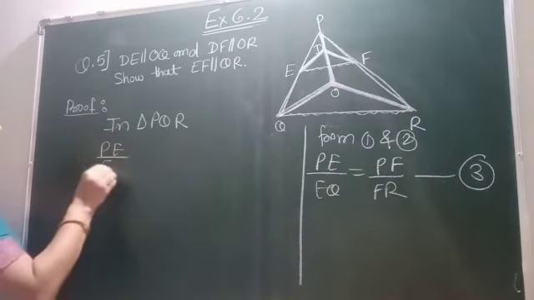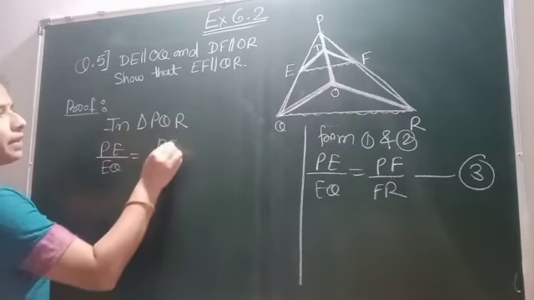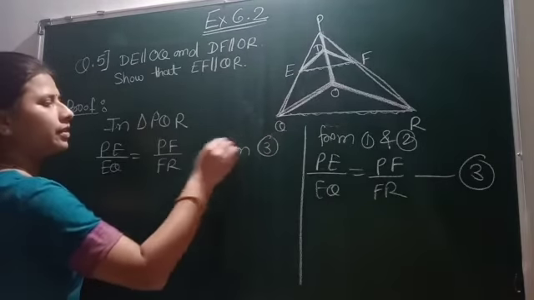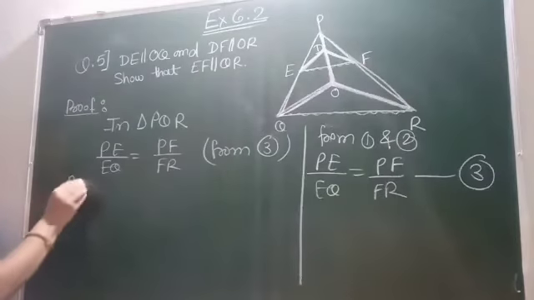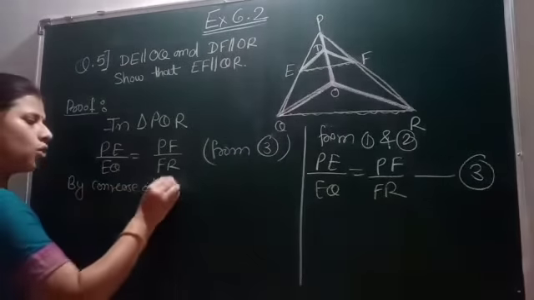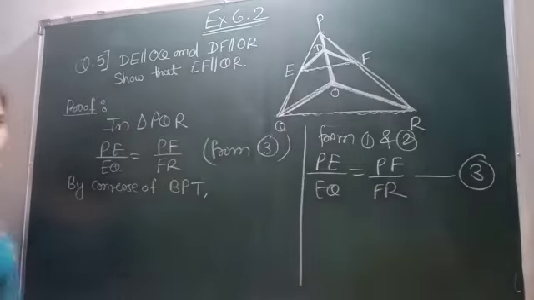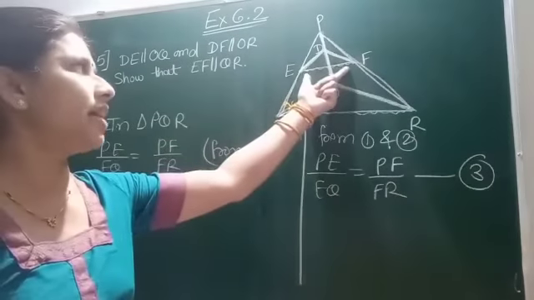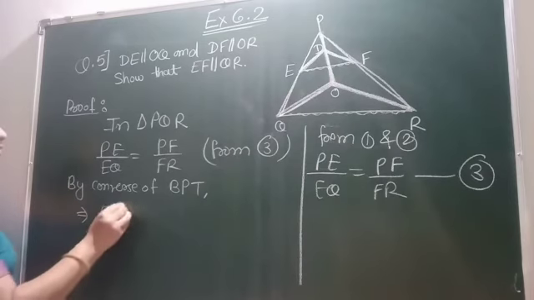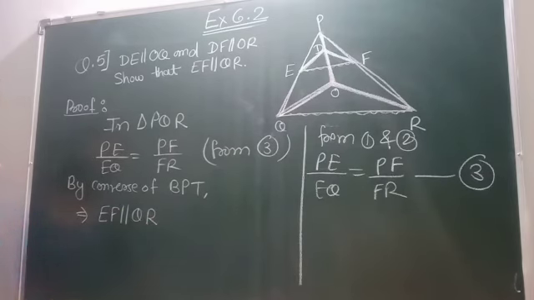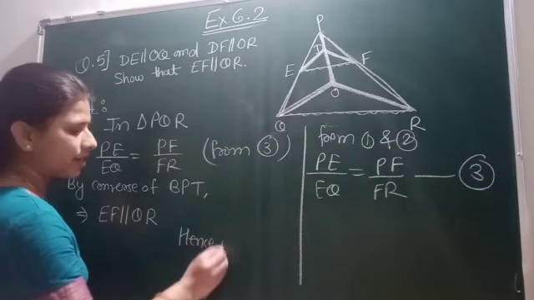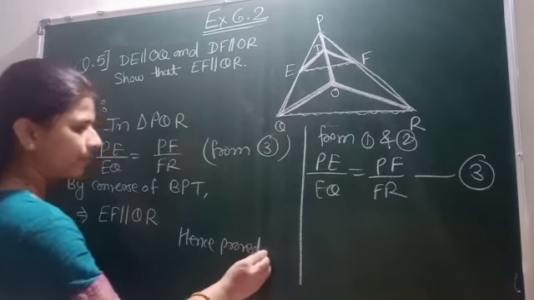PE upon EQ equals to PF upon FR. What we will write? From 3. So now we can easily apply by converse of basic proportionality theorem. Obviously, this EF line will parallel to QR. EF will parallel to QR, and that we had to prove. So, we proved this. Hence, proved. Okay, student?